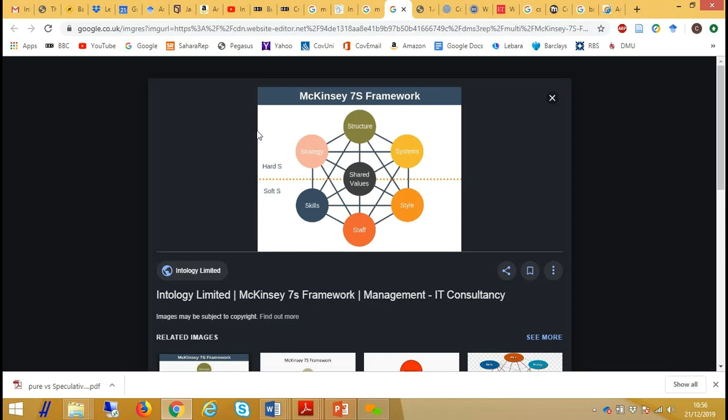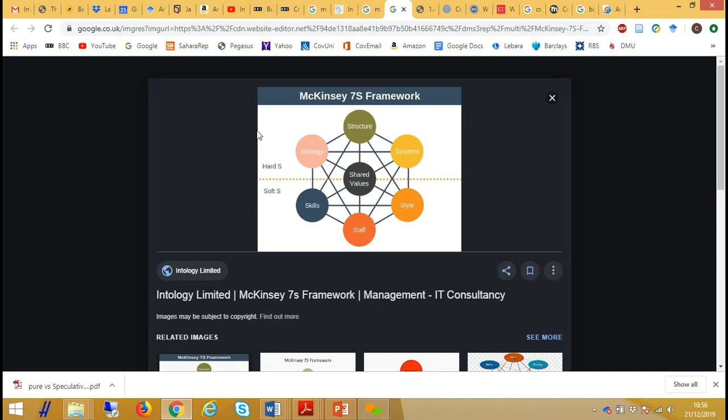The McKinsey 7S framework, developed by McKinsey Consulting, one of the most famous management consulting companies in the world, says that your strategy should make sense. Seven aspects of it must support each other.